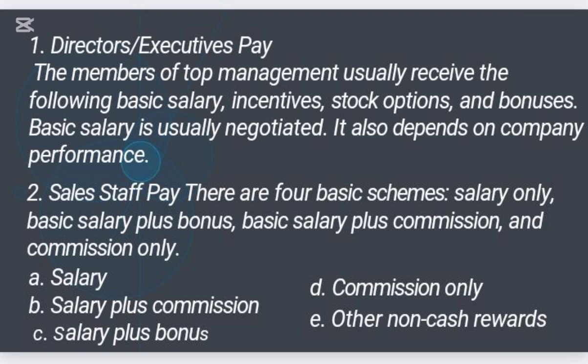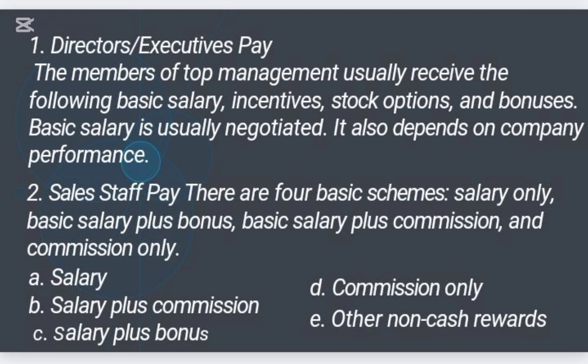Number 2. Sales staff's pay. There are four basic schemes: salary only, basic salary plus bonus, basic salary plus commissions, and commissions only. A. Salary only. It is given to sales personnel who just represent the company and are not really involved in direct selling.